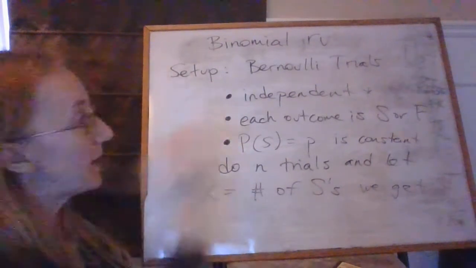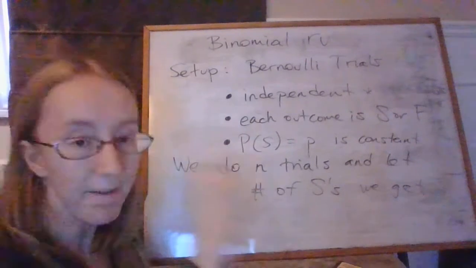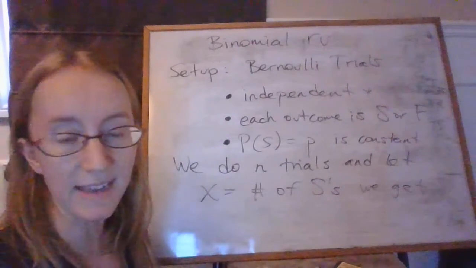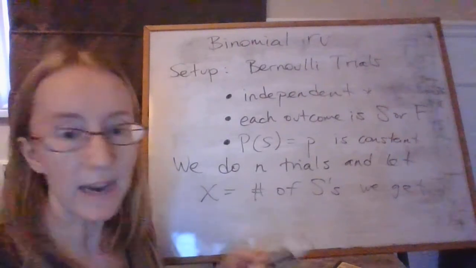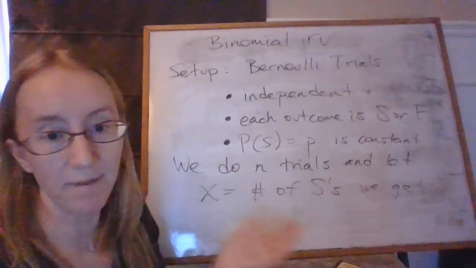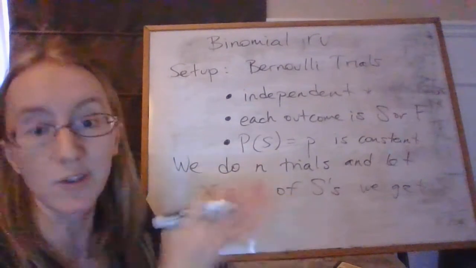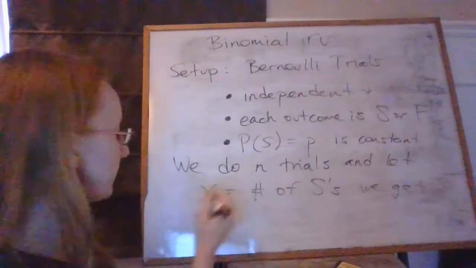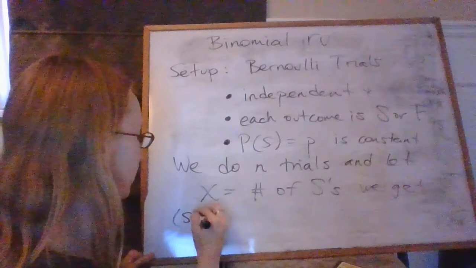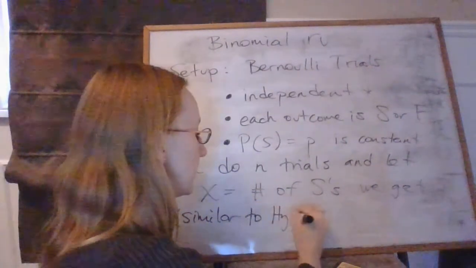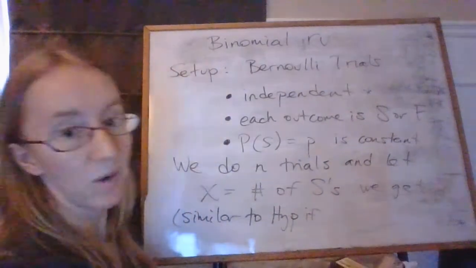For the binomial, none of that matters. Every selection is completely independent of what happened before, so things are a lot simpler. The range of the random variable is now just 0 to n, because we could have all failures or all successes. There's no way to run out. It's as if we're selecting with replacement. I'm going to write that down: it's similar to a hypergeometric if we selected with replacement.